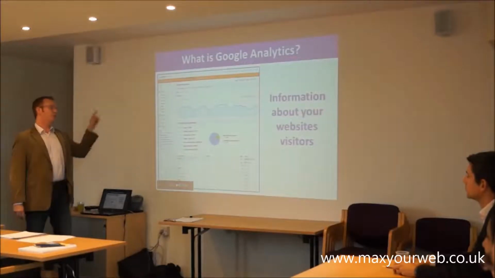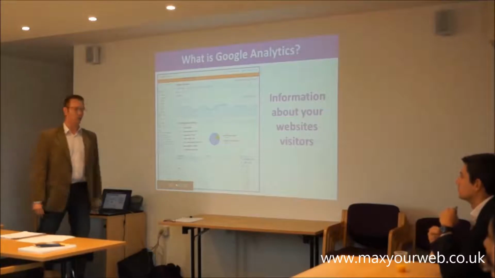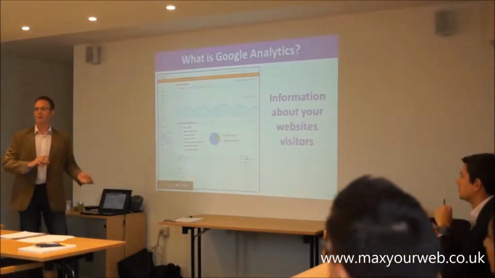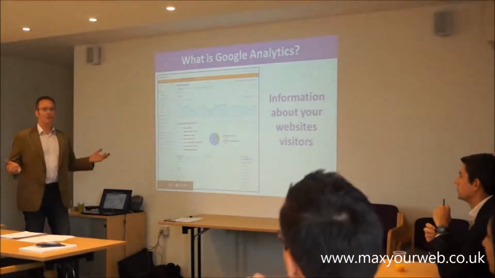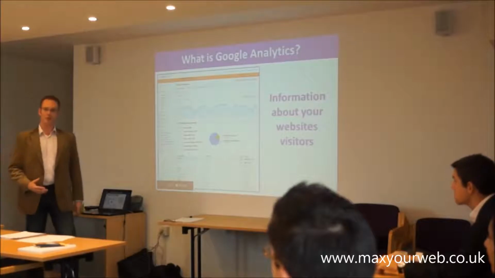This is the dashboard you get in Google Analytics, and as Dennis said, there's a myriad of information on there, and it's very easy to get bogged down in the information and not know what to look at and what not to look at. Fundamentally, it's information about your website's visitors, the people coming onto your site.